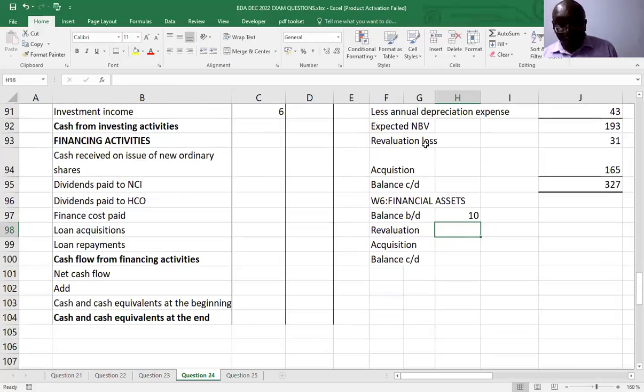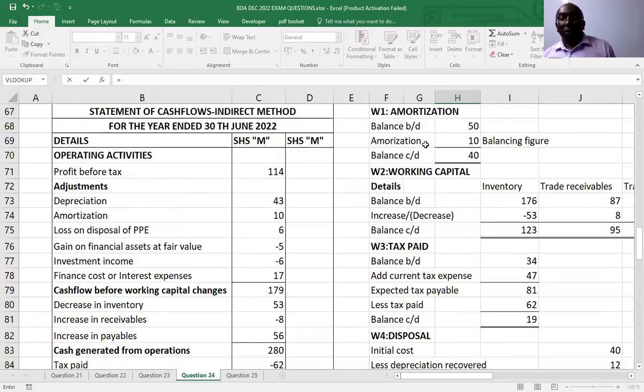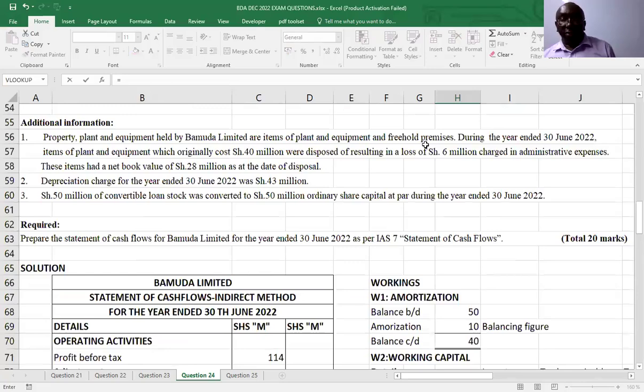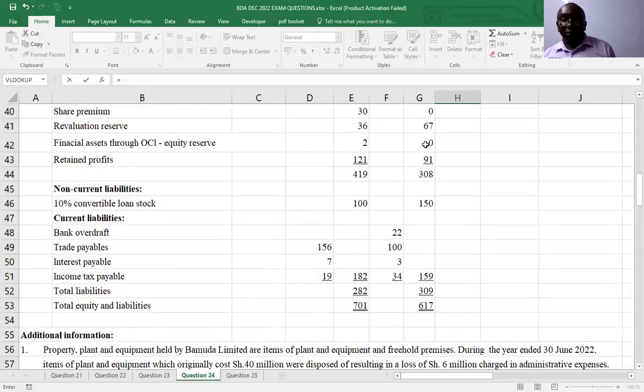Revaluation, we can see it is equal to, we will have to show it, don't just pick the 2. It's good to show the examiner, you know, that it is the difference between the closing and the opening. So utasema ni 2 minus this 0. So you bring it there.